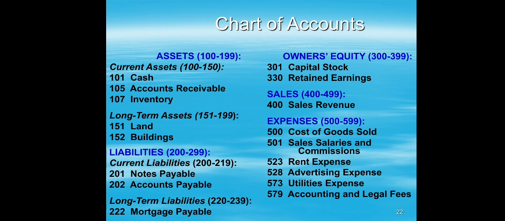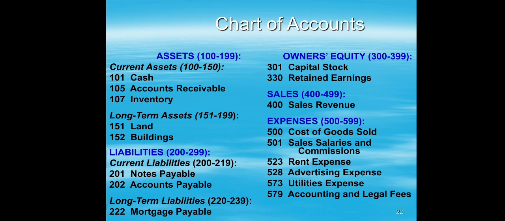In accounting we call that the chart of accounts. This chart of accounts lists all the names of the accounts that will appear in the ledger with the codes related to each account.